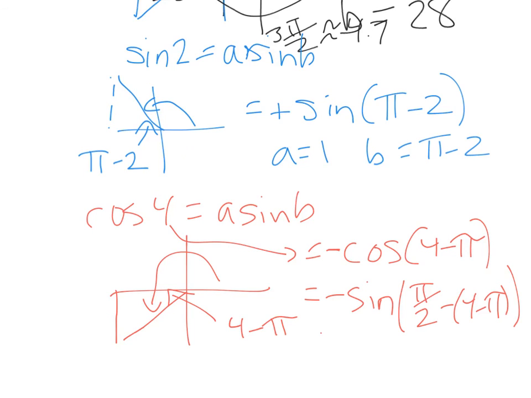The parentheses are important. So this is going to be negative sine. Well, it's going to end up being pi over 2 minus a negative pi, which is 3 pi over 2 minus 4. Pretty neat, yet complicated. So A would be negative 1, and B would be 3 pi over 2 minus 4. Okay, try H.